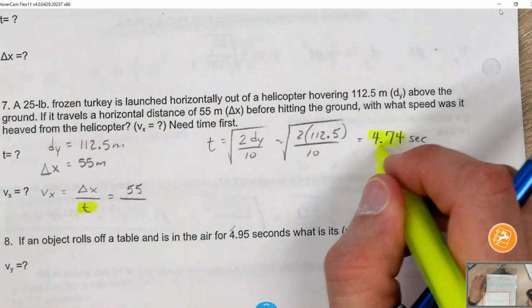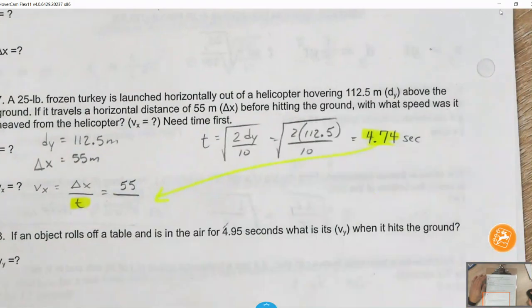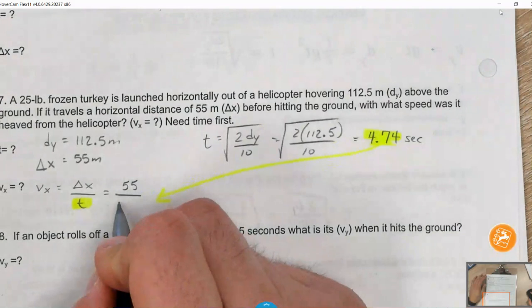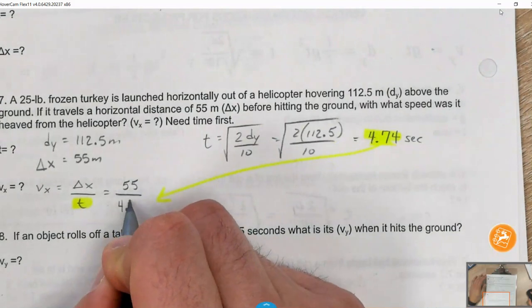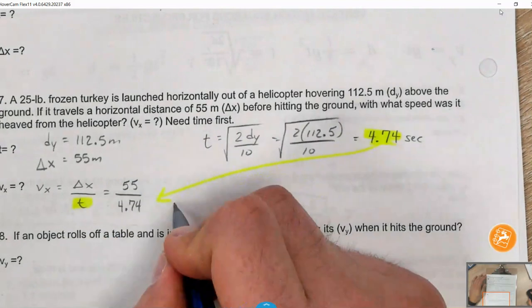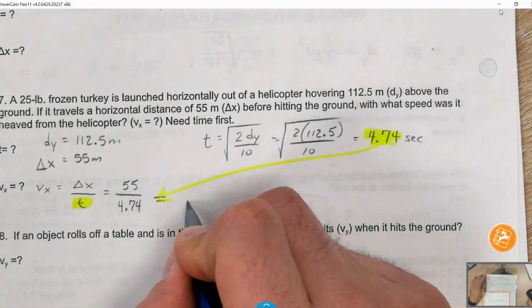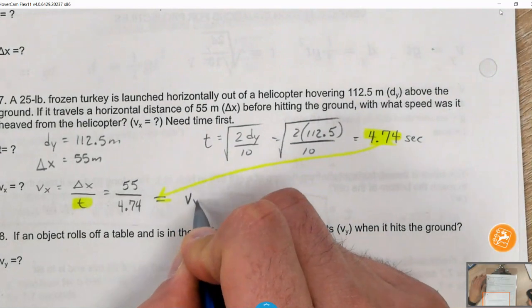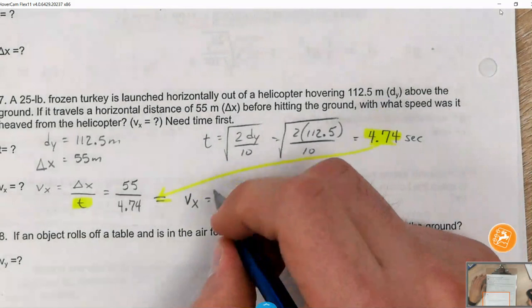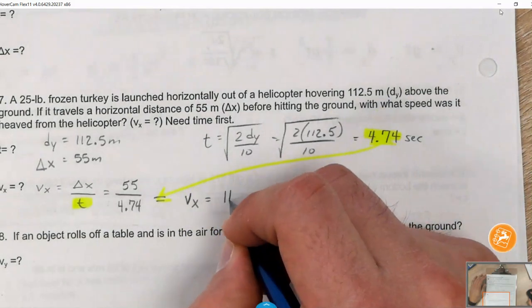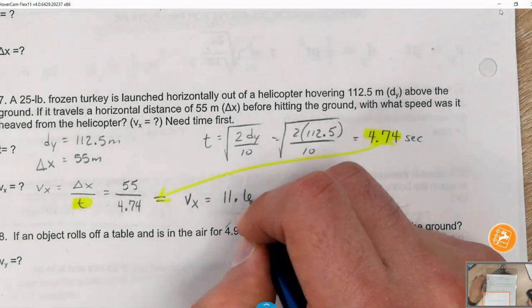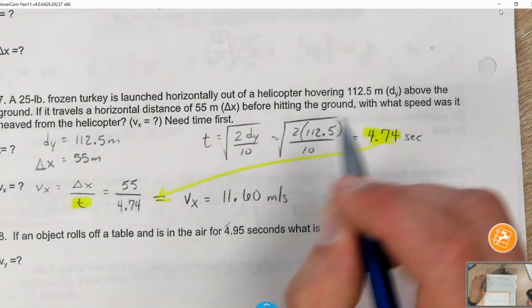And now take that and throw it down here, and so your vx will equal 11.60 meters per second.